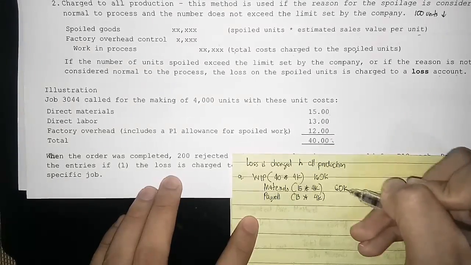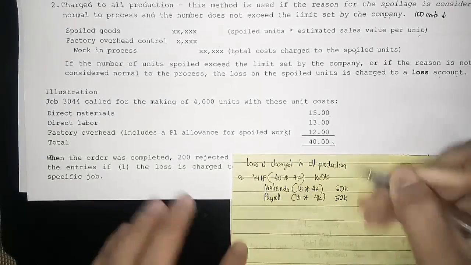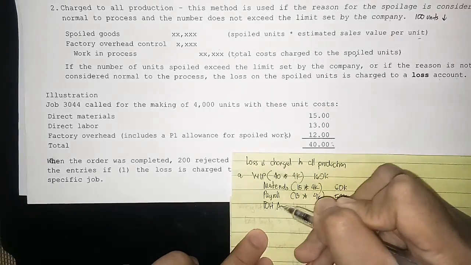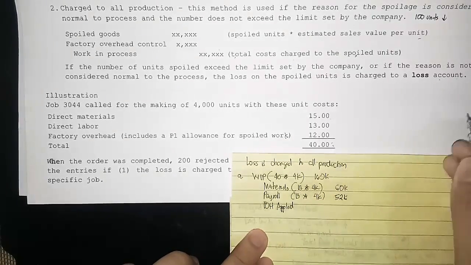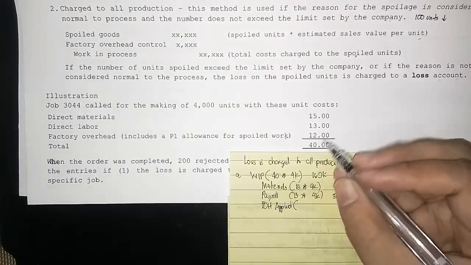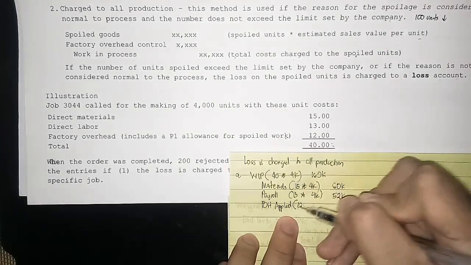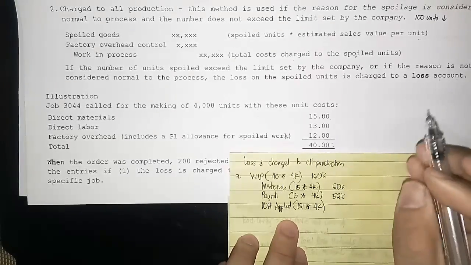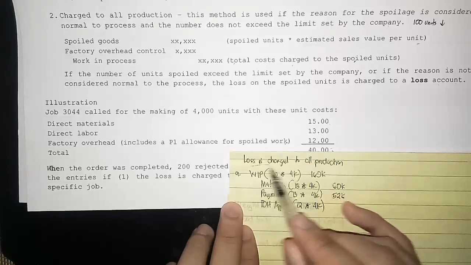Ito ay 60,000. Ito ay 52,000. Credit factory overhead applied na 12 pesos times 4,000. Okay, charge to all production.